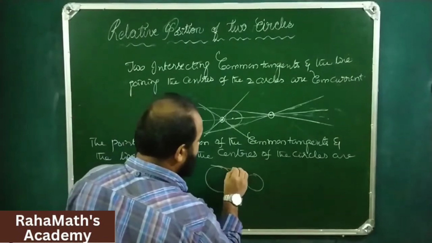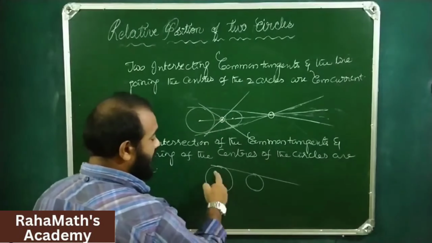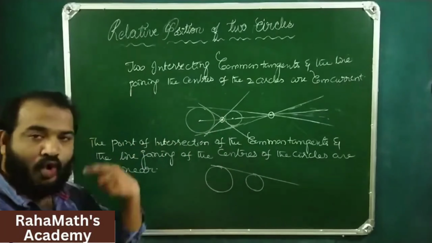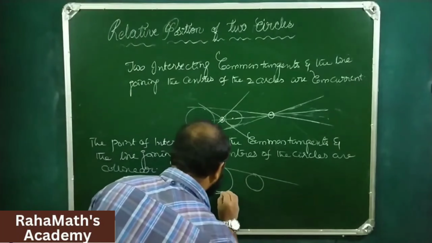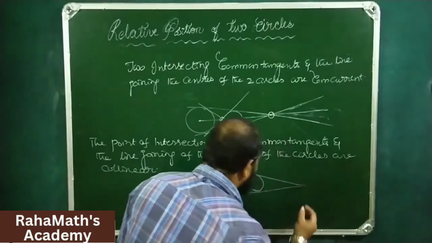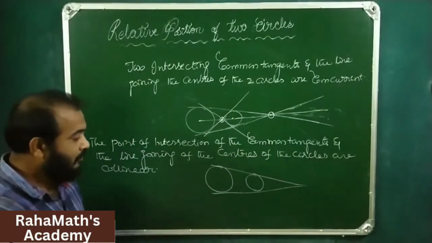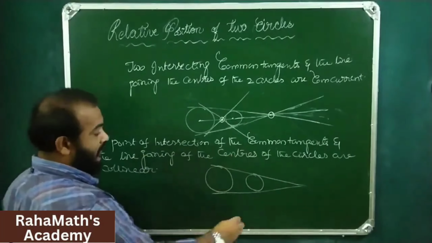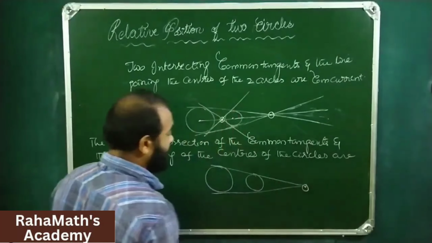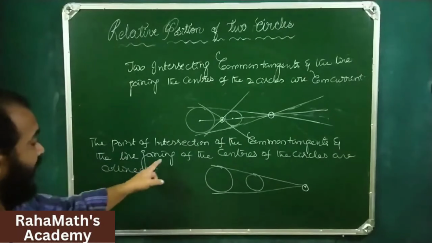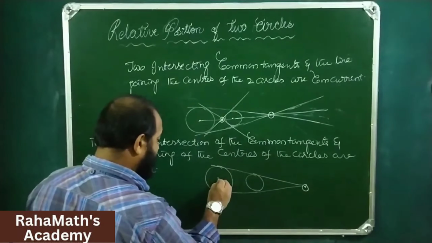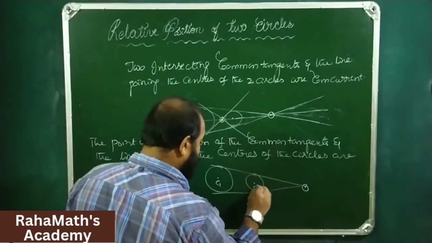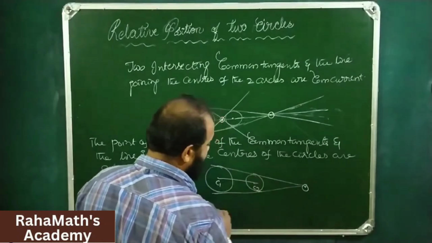For example, this is one common tangent, to be more specific, a direct common tangent, and this is another. I am talking about this point of intersection, and the line joining of the centers, that means C1, C2.